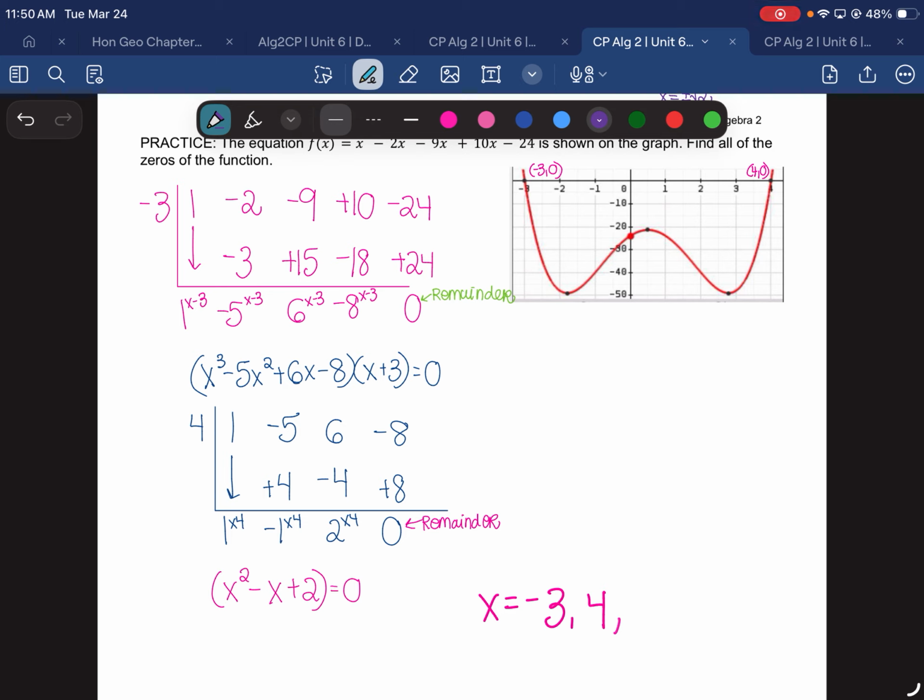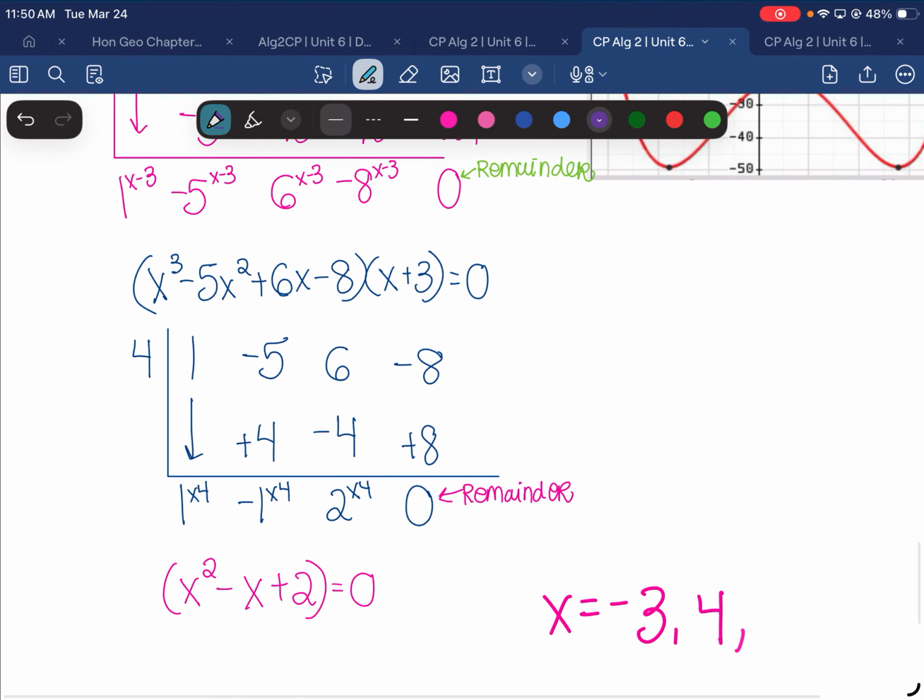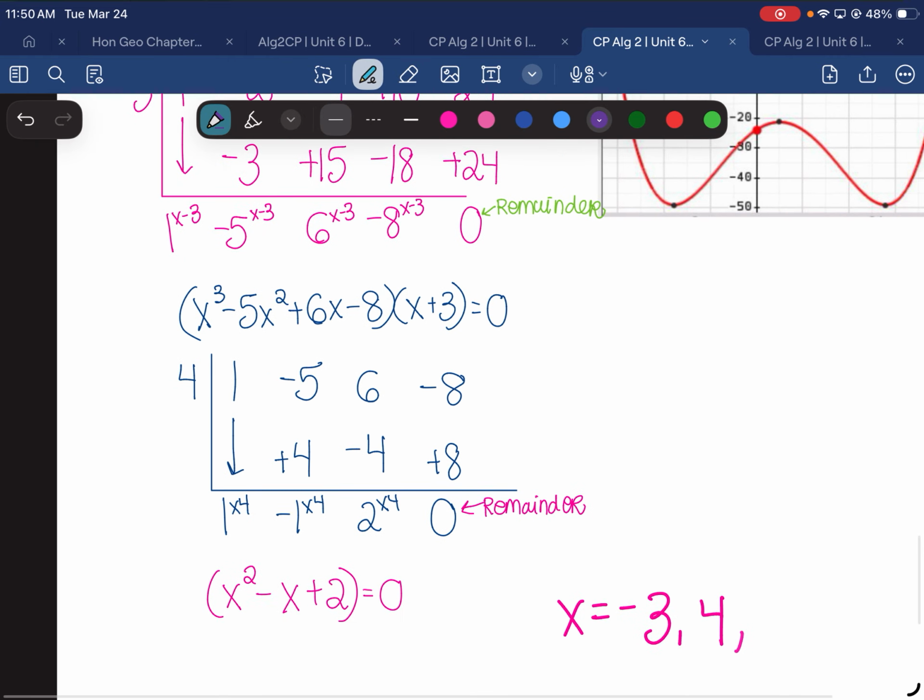Okay, so here's what I want you to do. I want you to take those numbers and do it again. Do you see that? I took all these numbers and I did it again with my other x-intercept. Okay? All right, so if you didn't get this far, just take a look at what I have.